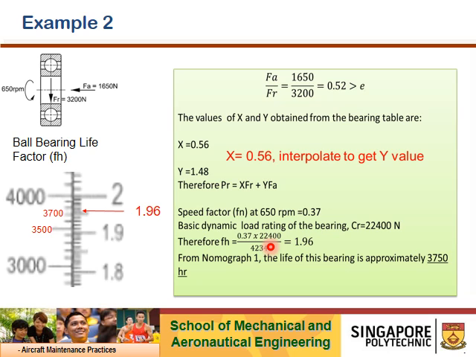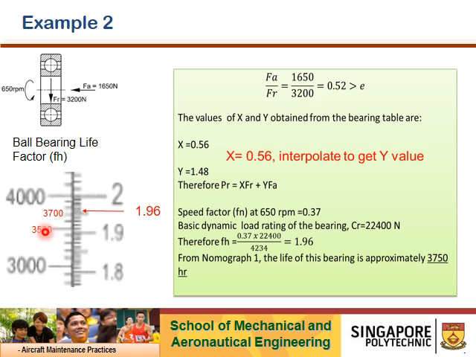So I go to my nomograph again, look at the ball bearing side, and beside the RPM there is the life, and I look for Fh because I calculated my Fh is 1.96. So I look for 1.9 to 2. If you take 1.9 and 2, half of it is 1.95, so 1.96 is somewhere here. Then on the left-hand side are 3,000 and 4,000 hours.